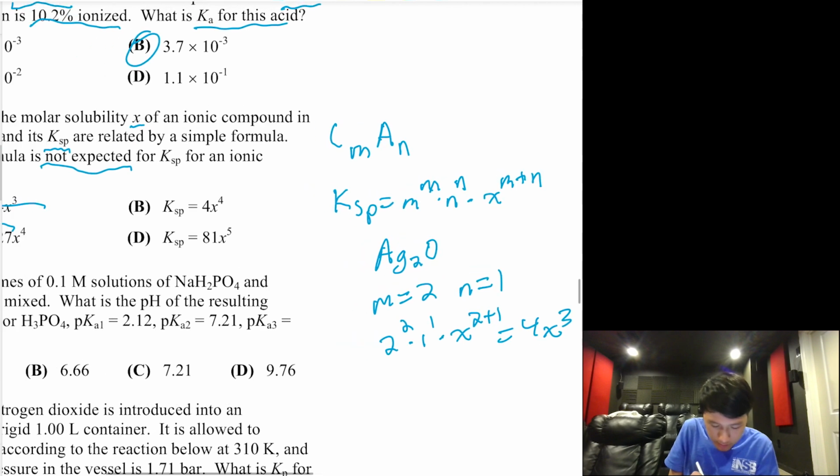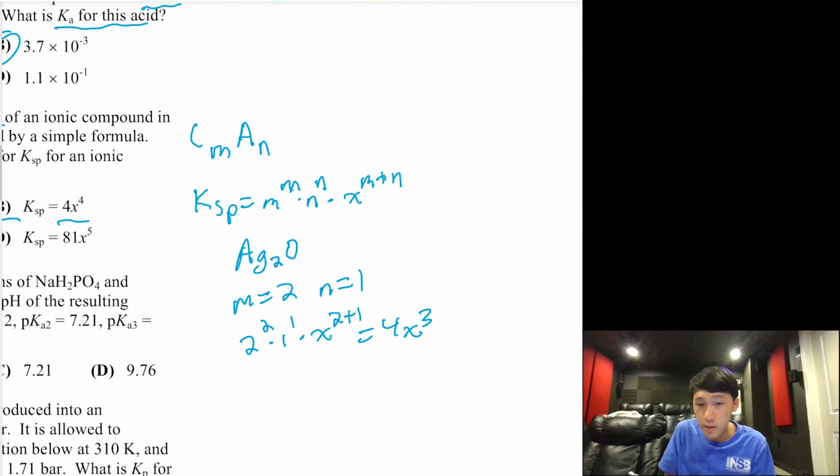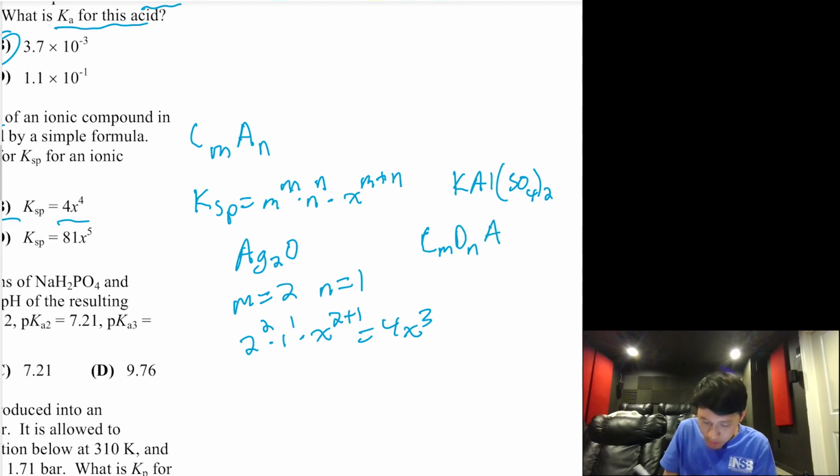Now for B, it's a little trickier. Ksp equals 4x to the fourth. This can actually happen when we have an ionic species with 3 different ions in it, such as a double salt. So let's say, for example, alum, which is potassium aluminum sulfate, SO4 twice. In this case, we will have some cation M, a second cation, I'm just going to use D to the N, and then the anion A, which has subscript P, let's say.